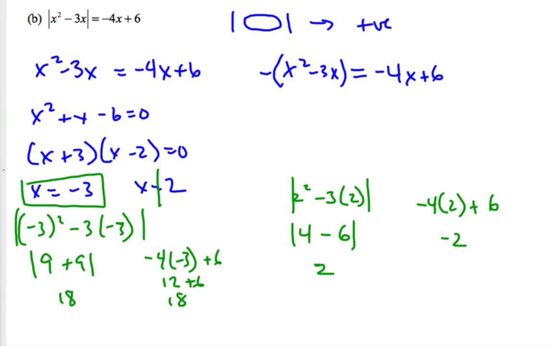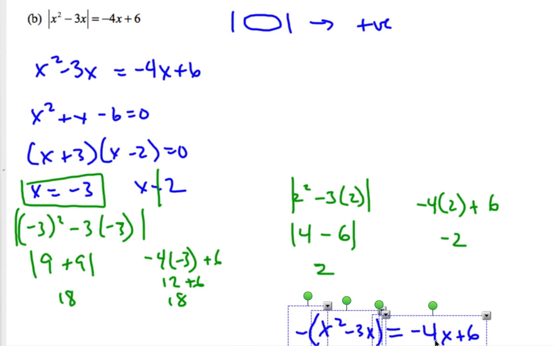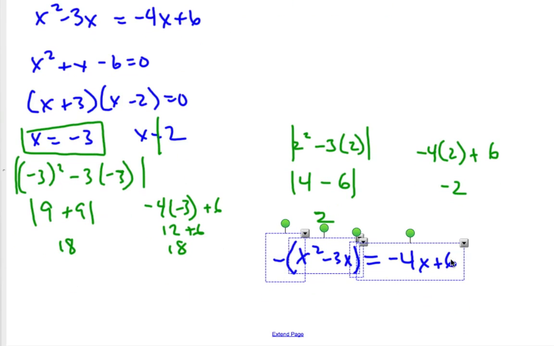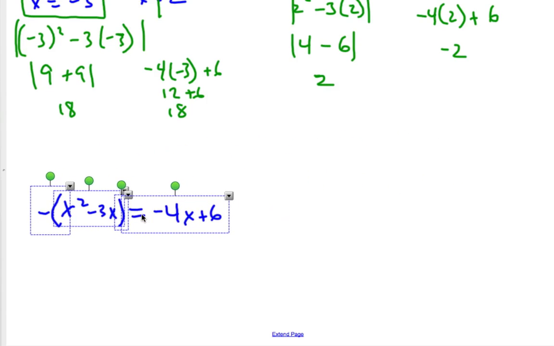So now let me take this part of the equation and bring it all down here and continue to solve. Oh, down low as I go. Extend the page a little bit. Let's do the other half now.